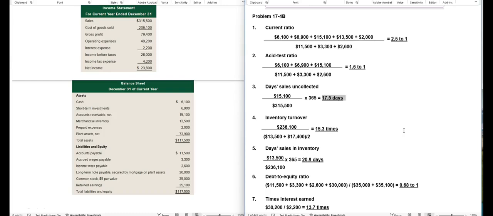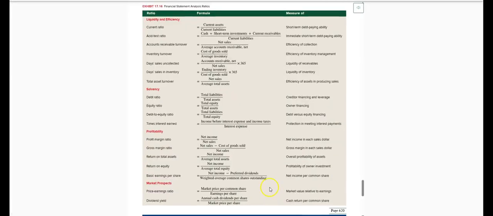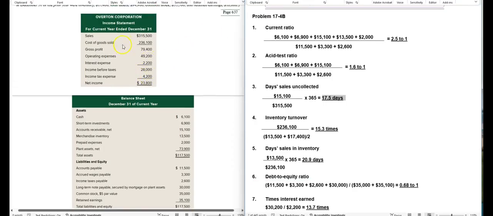What you're starting to see is that calculating ratios is really about taking the formula and plugging in some numbers. The calculation of these ratios is not hard. Now that you've worked with these financial statements for a while, you know where you can find this information within the reports.